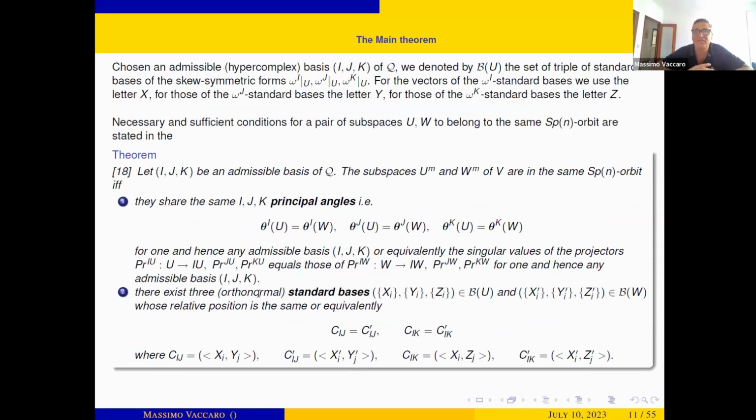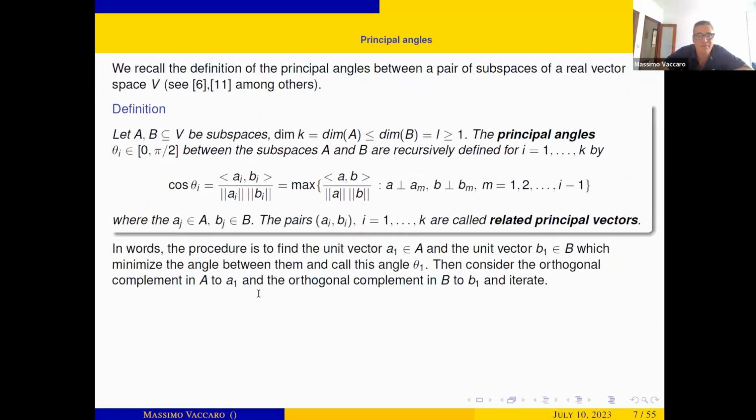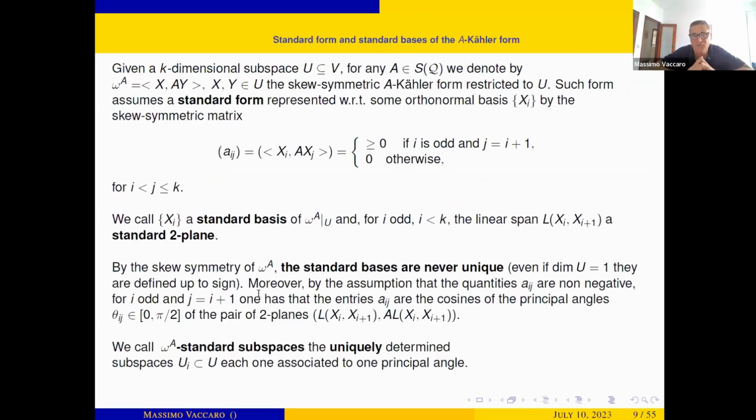Then if we choose an admissible hypercomplex basis and we denote by U the set of triple standard bases, the standard basis I defined in the previous seminar. I mean, we have the omega I, omega J and omega K standard forms, the skew-symmetric ones. Okay, I have to recall what the standard basis is.